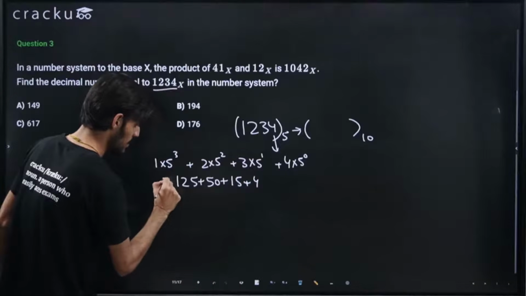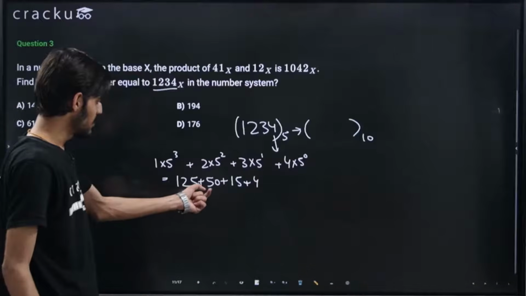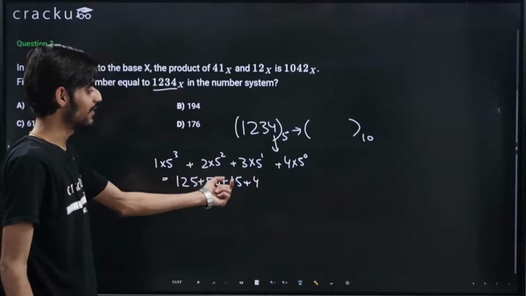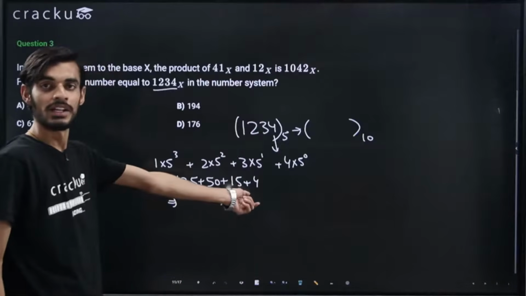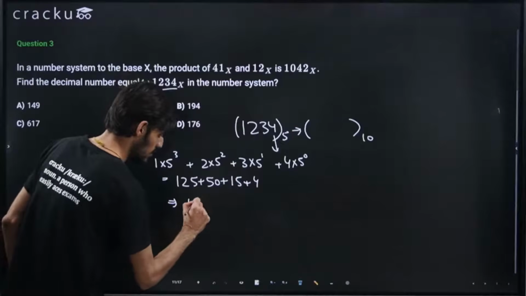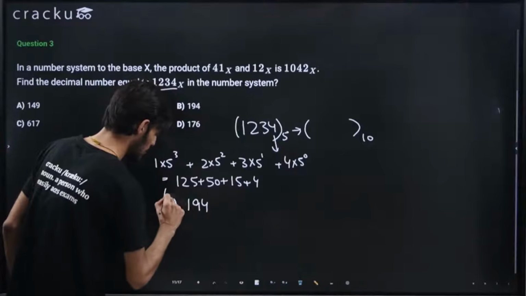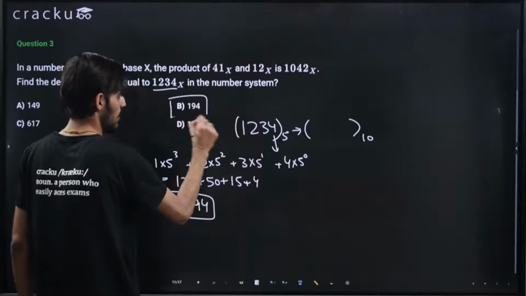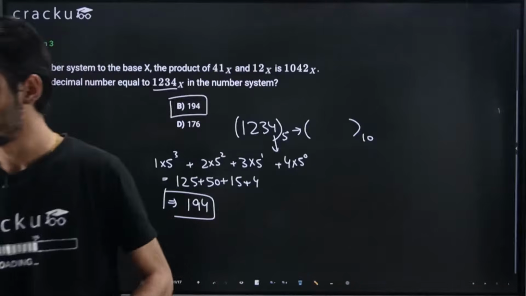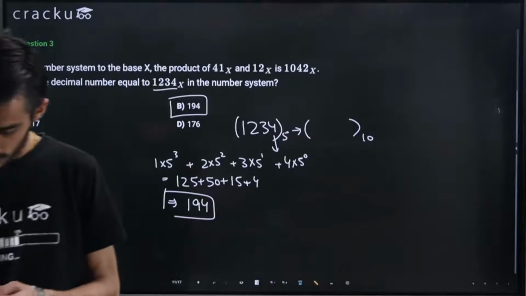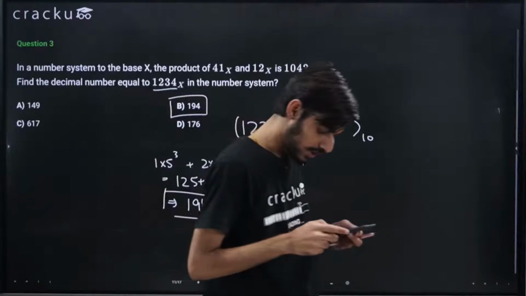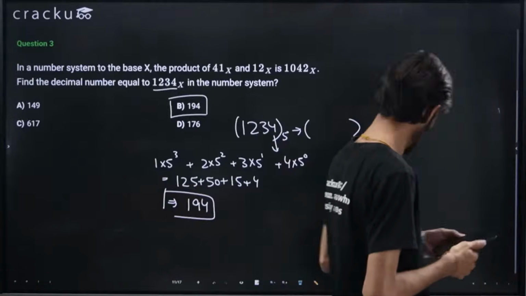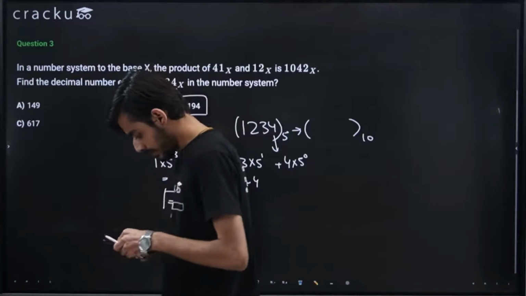So this will come out to be 125 plus 50 is 175. 175 plus 15 is 190. 190 plus 4 is 194. The answer for this question will be 194. That is option number B. I guess someone answered this question. Yeah, so Trends, your answer is correct. Answer for this question is 194.